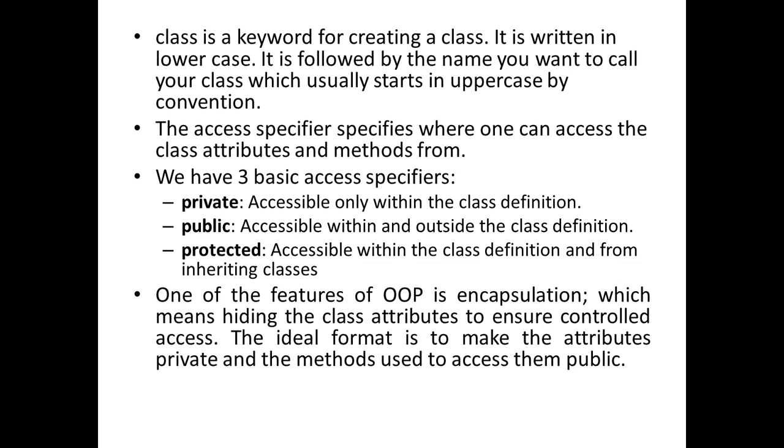So what we usually do by convention is to declare the attributes, the properties, as private, while the methods that we are going to use to control access to these attributes, we declare them as public.